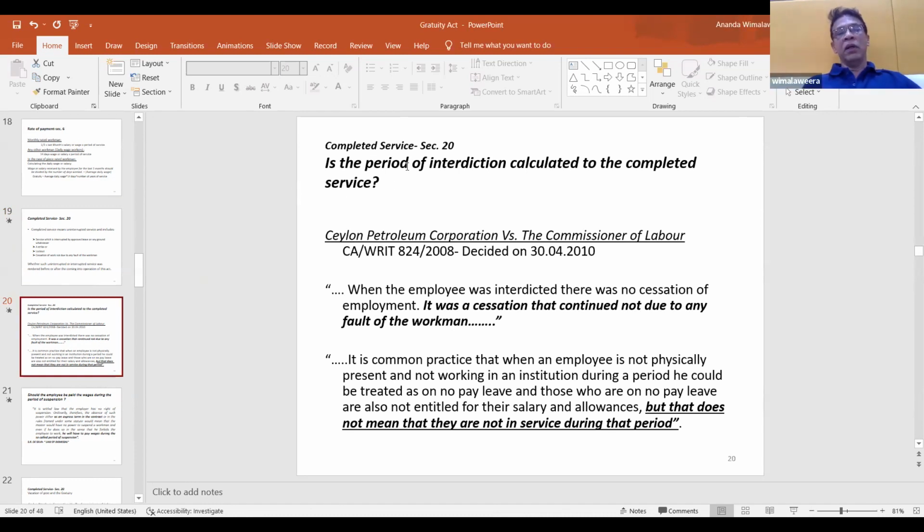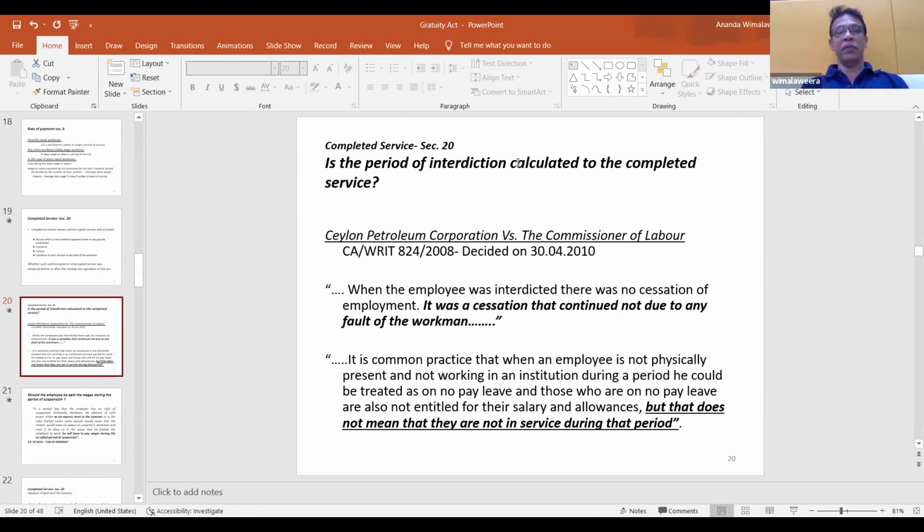Now, completed service, this is very important: is the period of interdiction calculated to the completed service? Meaning that the period of interdiction can be calculated to the completed service.